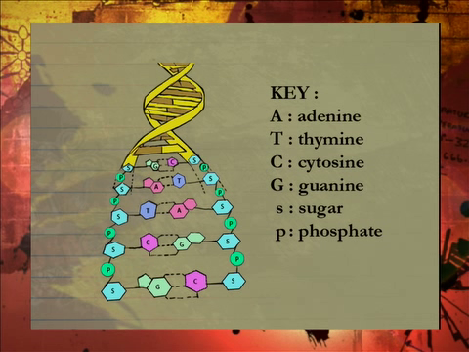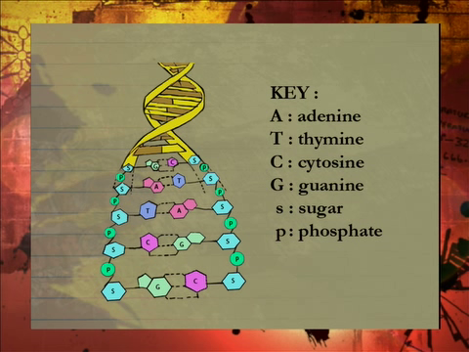Let's have a look here. We've got sugar, phosphate, sugar, phosphate, up what we call the backbone, and across the rungs or the steps of our ladder, we've got the nitrogenous bases.